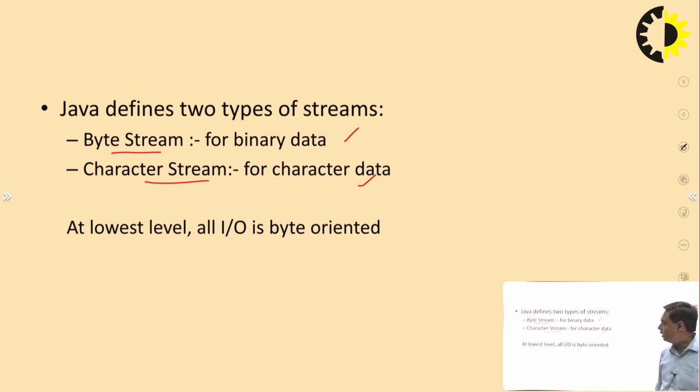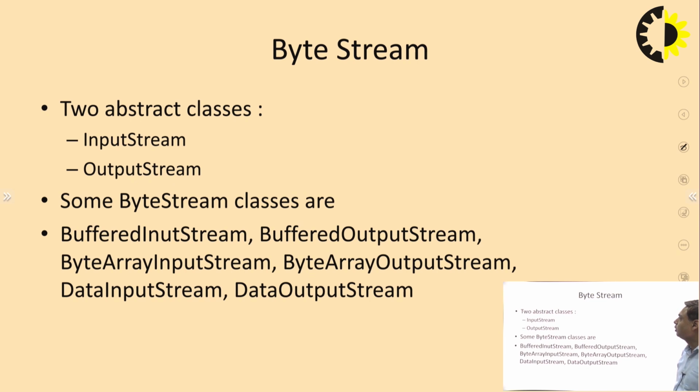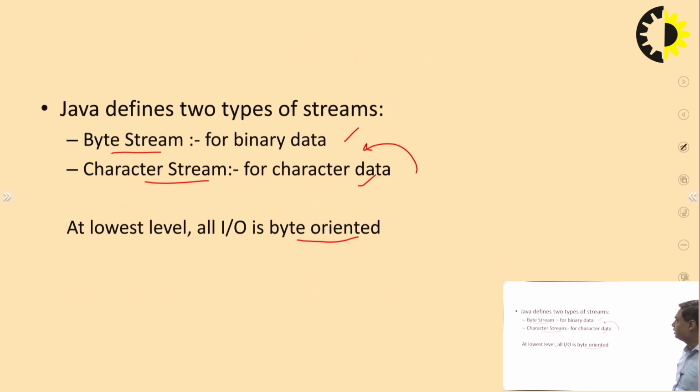At the lowest level, all input output is byte oriented. This is also something you need to understand. Ultimately, character oriented data is converted into binary data format.